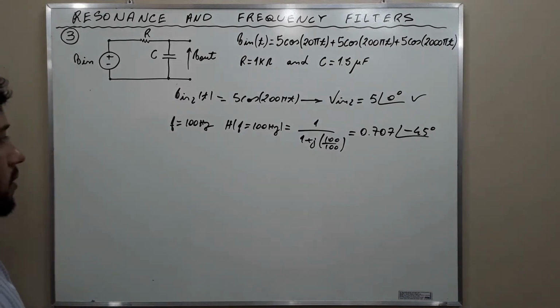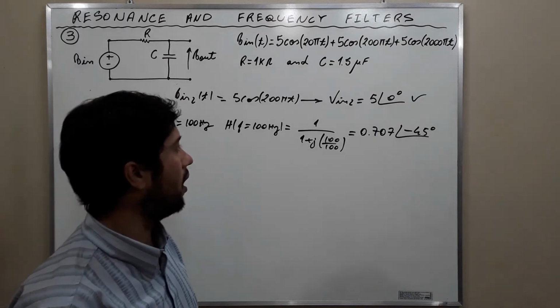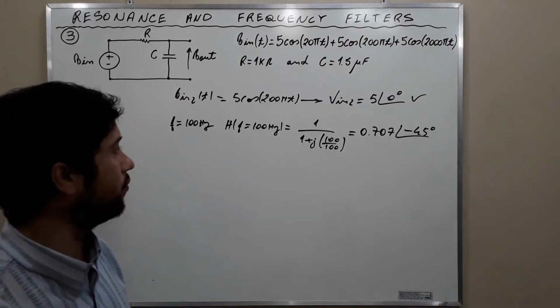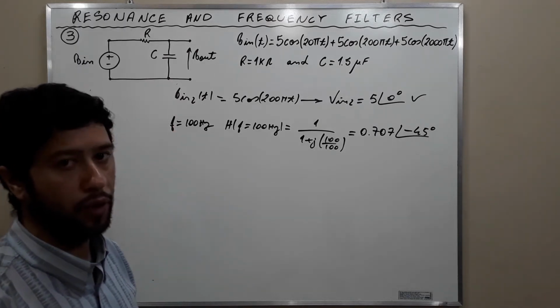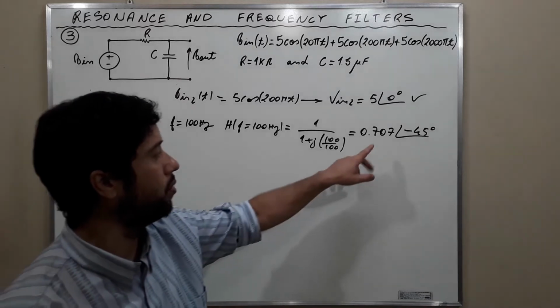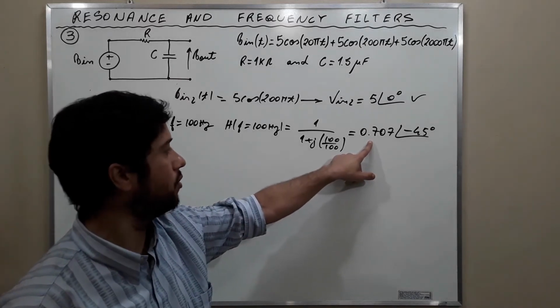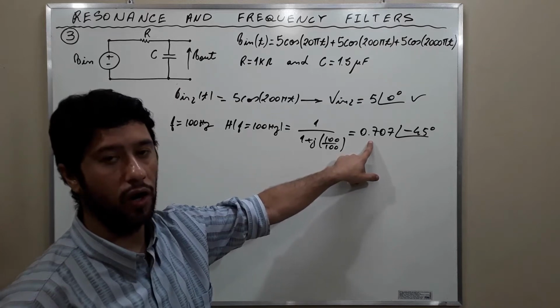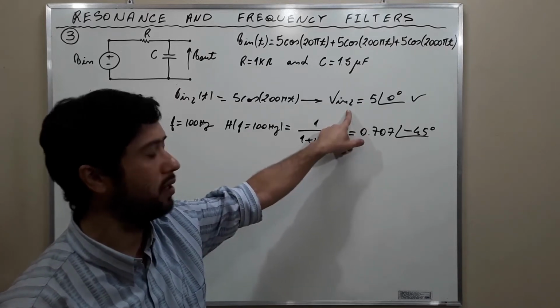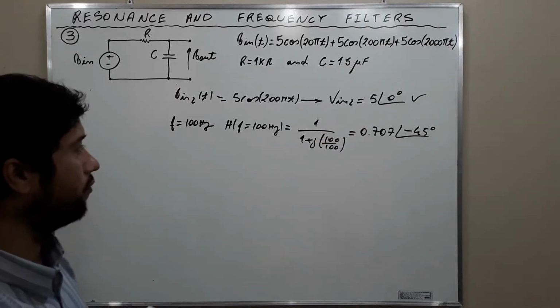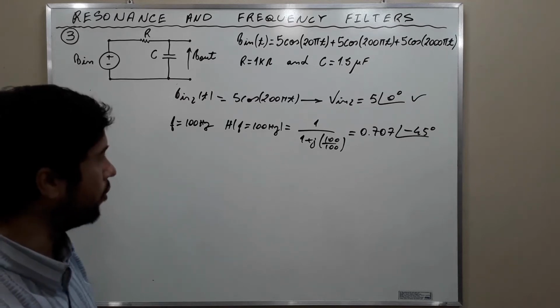Okay, and similarly as we did before, the output value of the second component of the input voltage will be merely the multiplication between the value of the transfer function and the phasor of the second component.